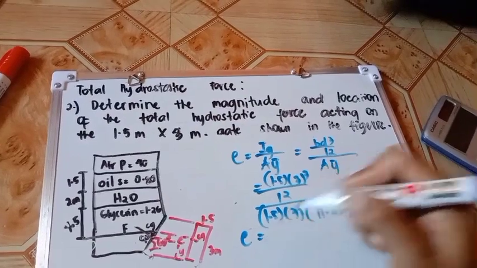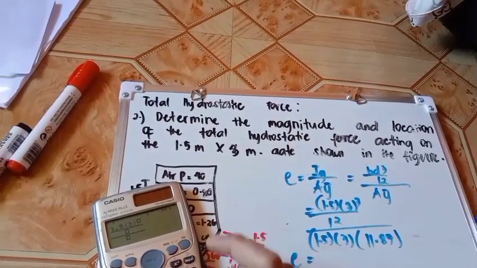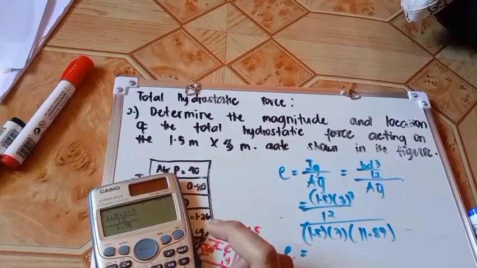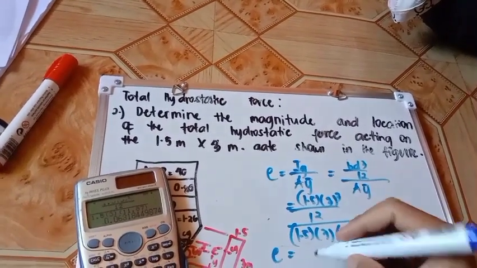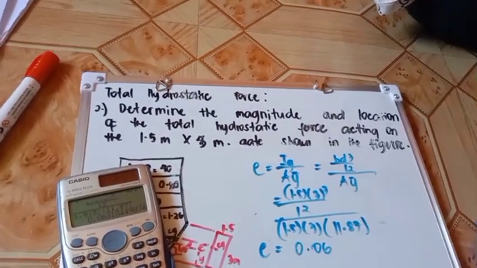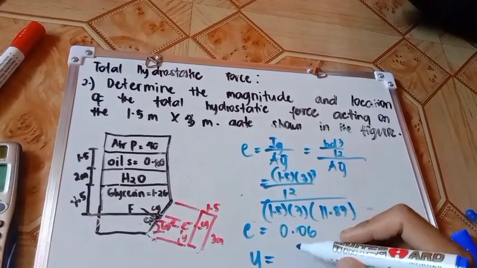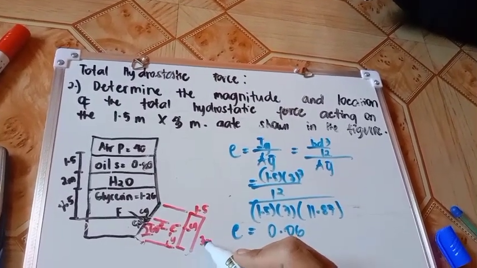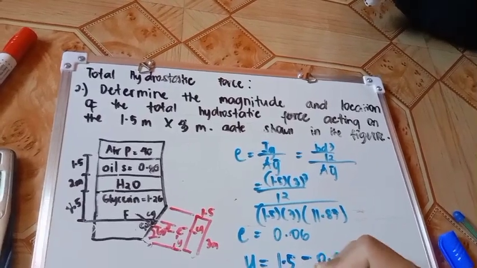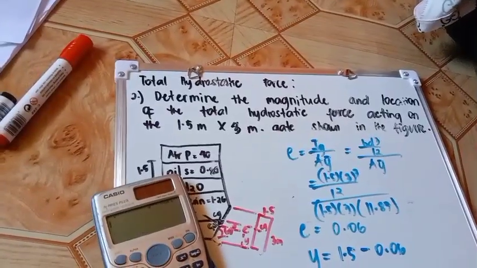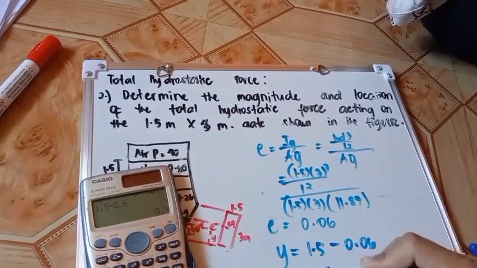So kuha na nato ang E. So 0.06 ang atong E. To find y, so y is equals to katunga aning 3, which is 1.5, minus 0.06. So our y, or the location, is 0.9.